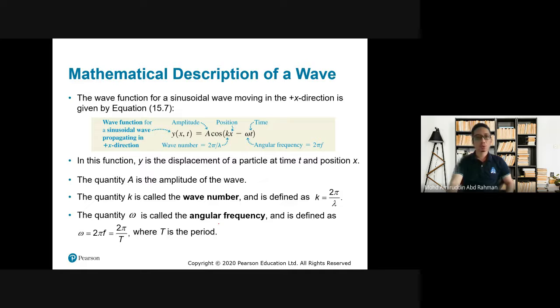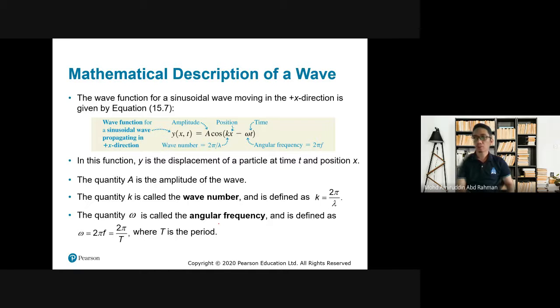The mechanical wave, we can describe that with a wave function. So this is the wave function that we have: y equals A cos(kx minus omega t), where A is the amplitude, and k is the wave number.